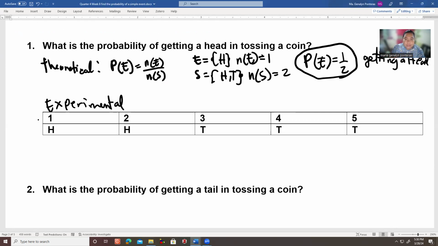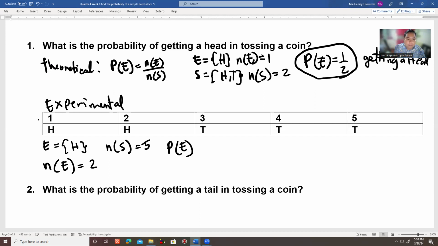We base the occurrences on the result of our experiment. We want head, our event, and according to the table, the cardinality is 2. So your sample space here is 5. So P of E is equal to 2 over 5 for getting head.